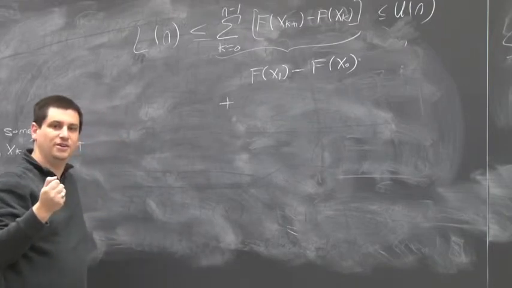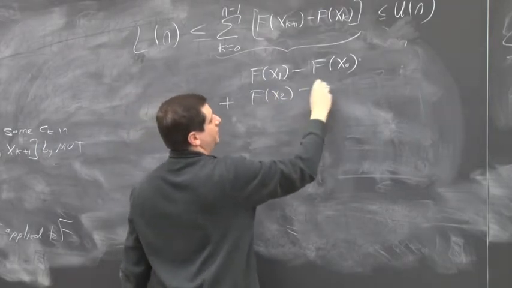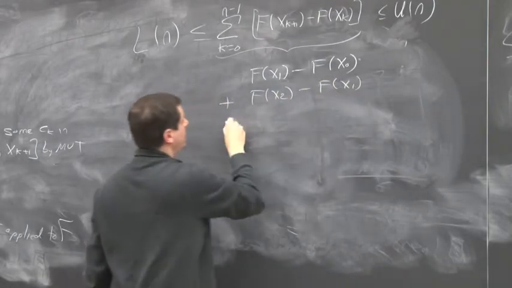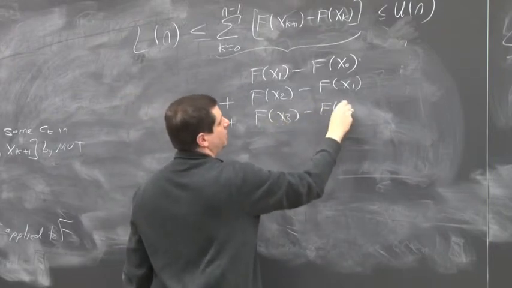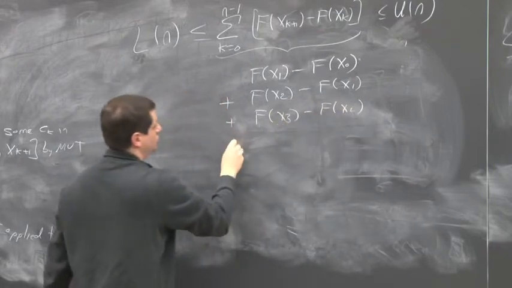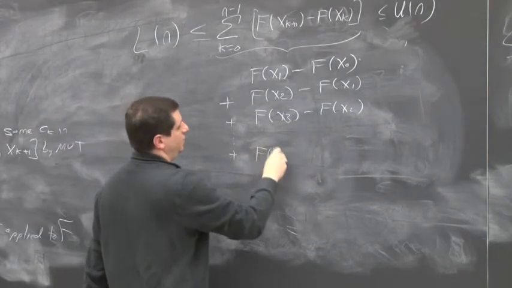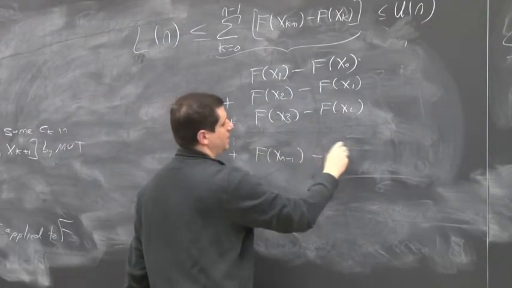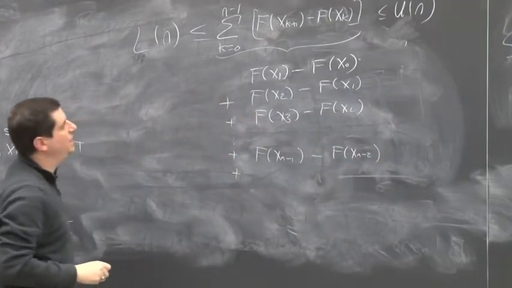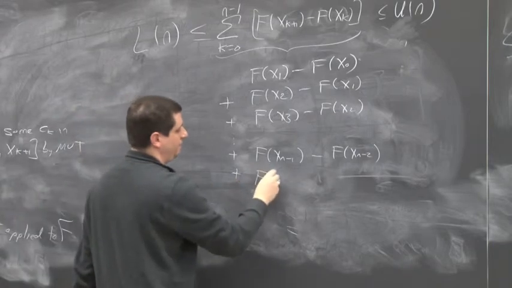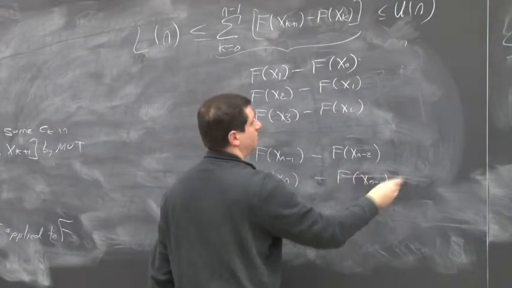F of x2 minus f of x1. When k equals 2, f of x3 minus f of x2, dot, dot, dot. When k equals n minus 2, we get f of x_{n-1} minus f of x_{n-2}. And then finally, when k equals n minus 1, we get f of xn minus f of x_{n-1}.